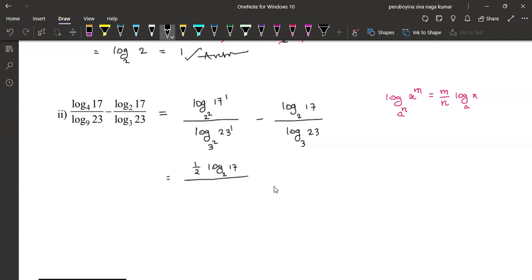And again here also we apply the same property, 1 by 2 log 23 base 3, minus, there are no changes in the second number. So keep that same, log 23 base 3. 1 by 2 got cancelled. Now you see these numbers look the same. So you can cancel them. So the answer is 0.